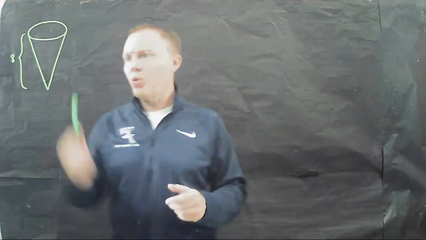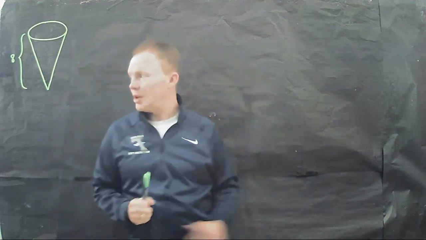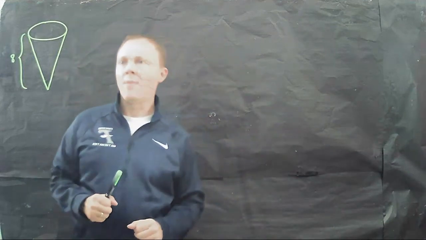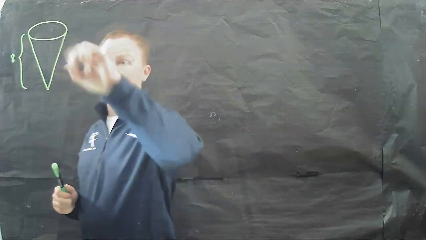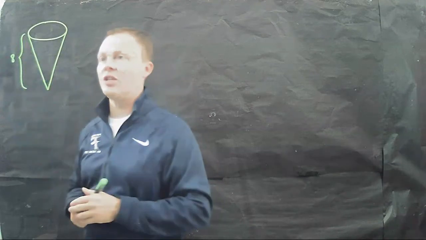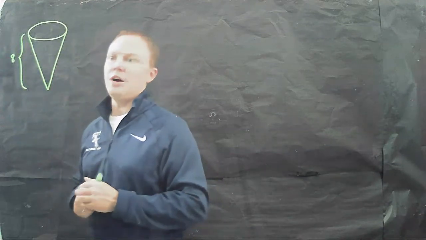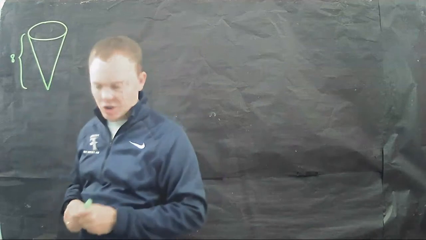So it says water is pouring into a conical tank. You saw that animation on the video. And there are different things that are changing, right? You probably identified that the depth of the water is changing, the volume of the water in the tank is changing, the diameter of the water is changing, lots of things that are changing.